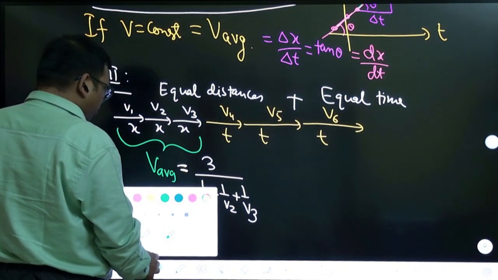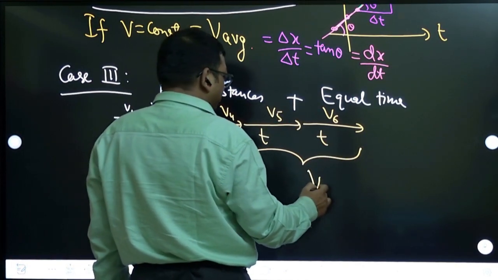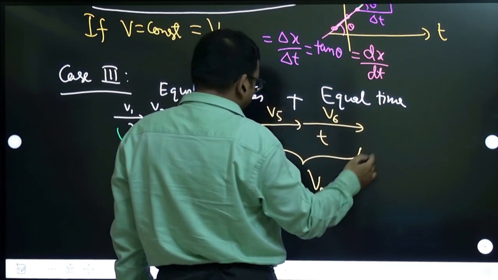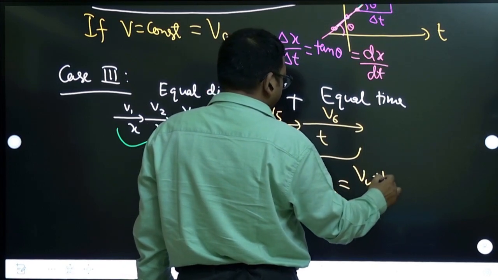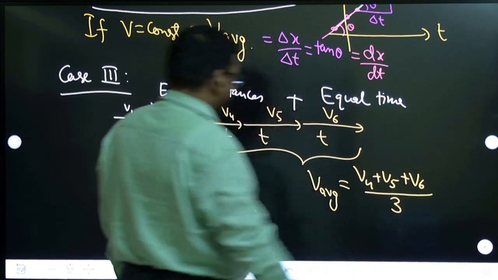For this other average, it will be the mathematical average: v4 plus v5 plus v6 by 3, right?